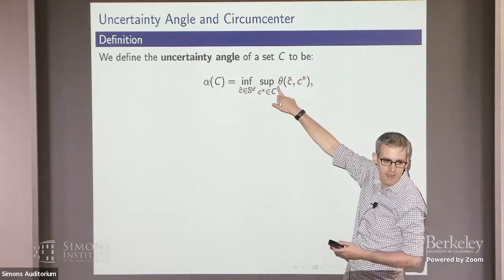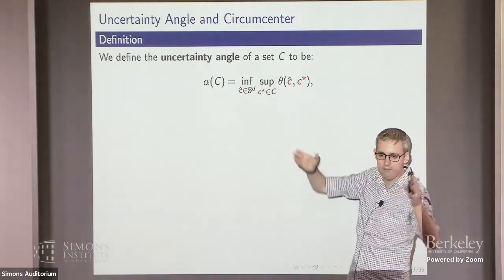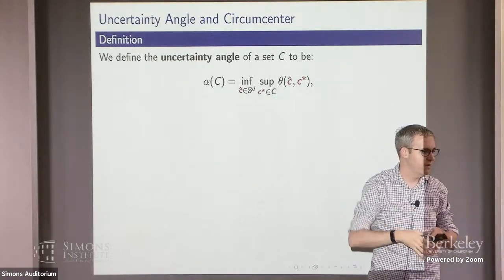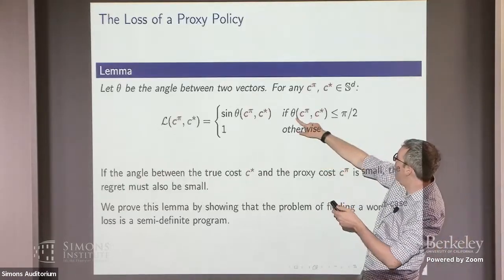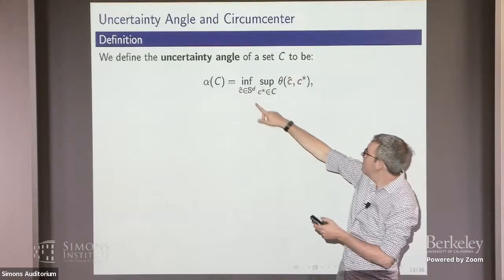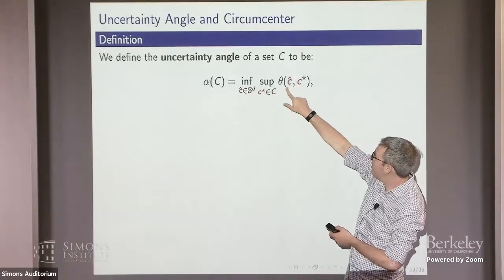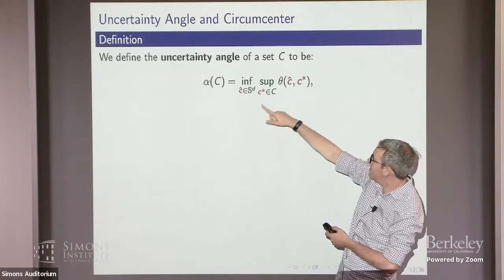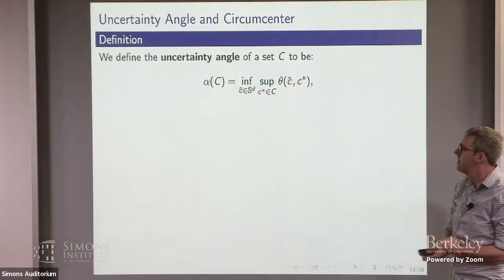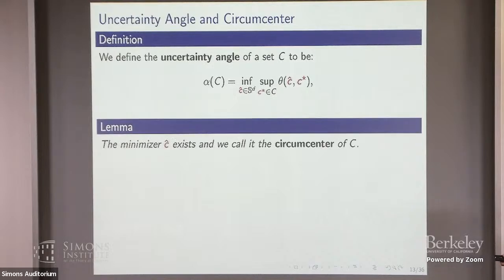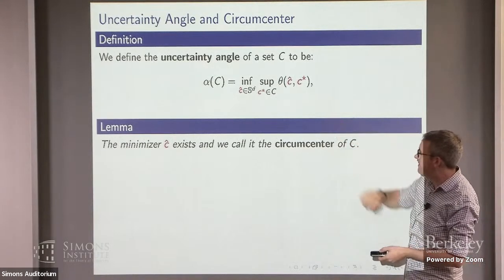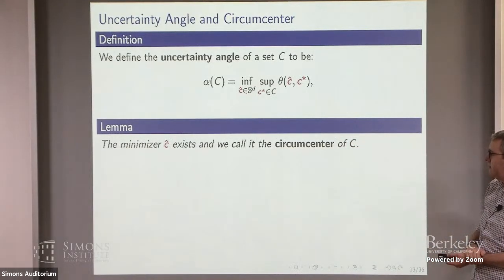Remember, there was a sine here, but I can take the sine out because I only care about small thetas, where sine is monotone. So I can turn this into a minimax over angles between the true cost and the actual cost. And I'm going to define this minimax to be the uncertainty angle. And the minimizer we call the uncertainty circumcenter.